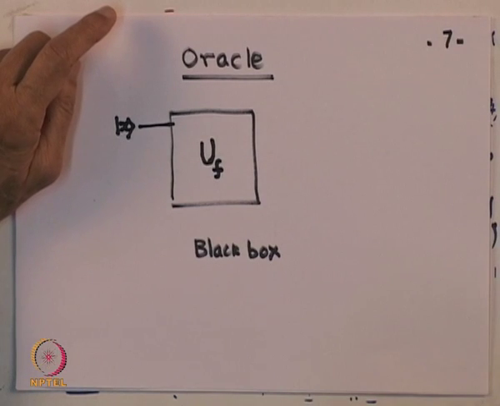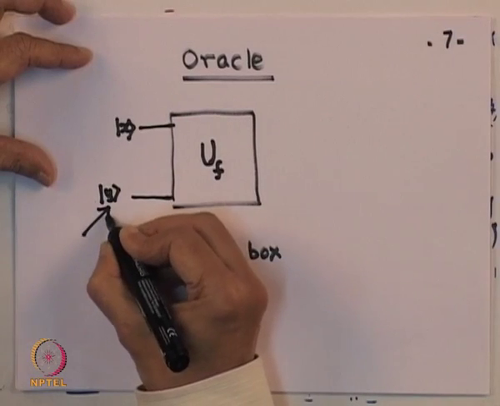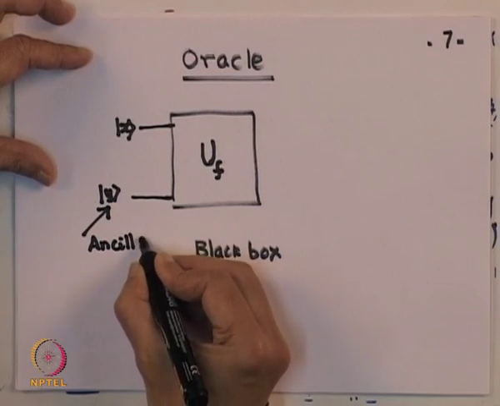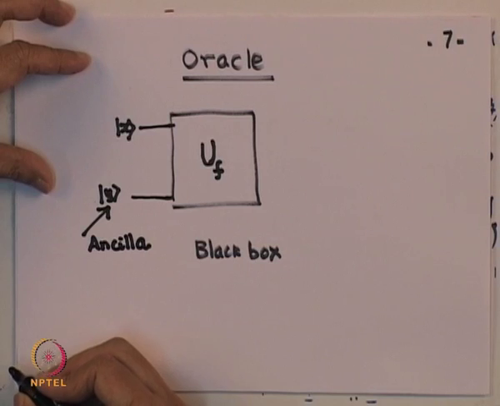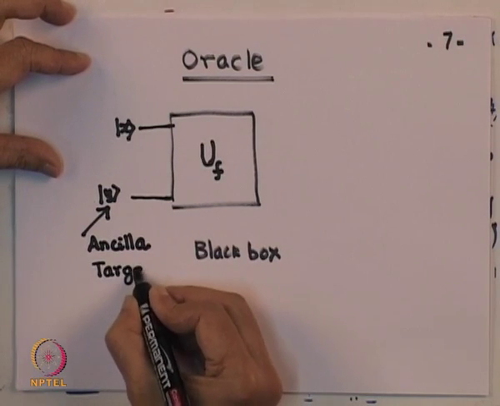So let me look at the slide again. Now, there is a secondary or an auxiliary input, occasionally called ancilla. This is y. So this is ancilla, also the target bit. This is where the output will be.